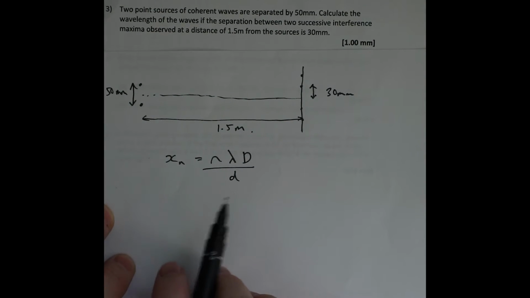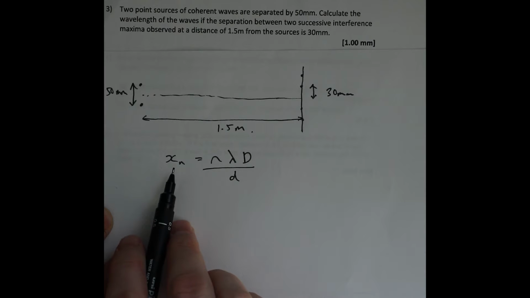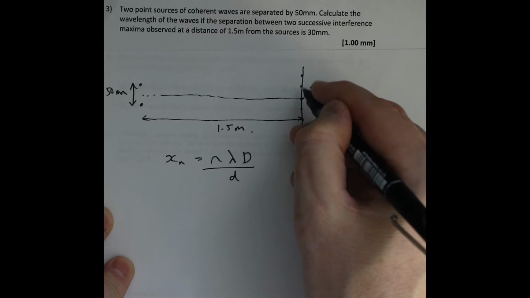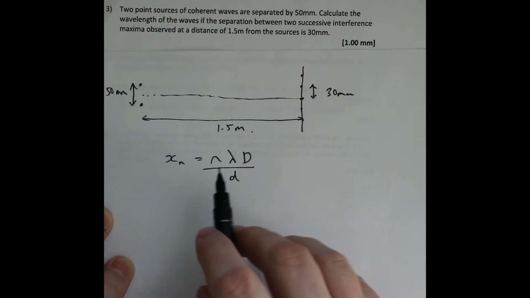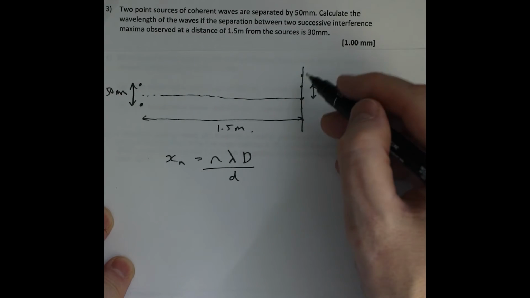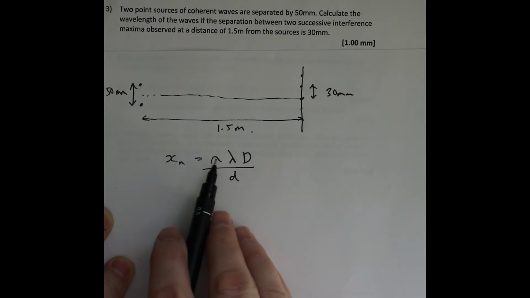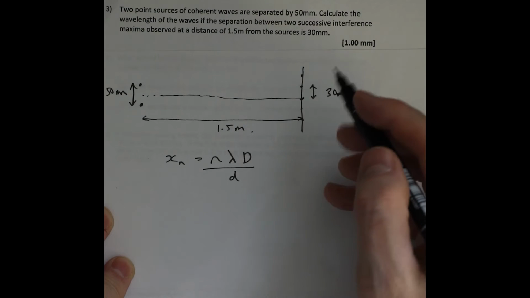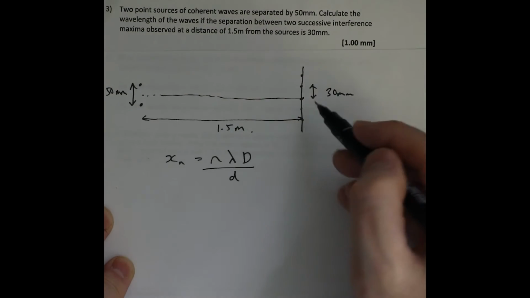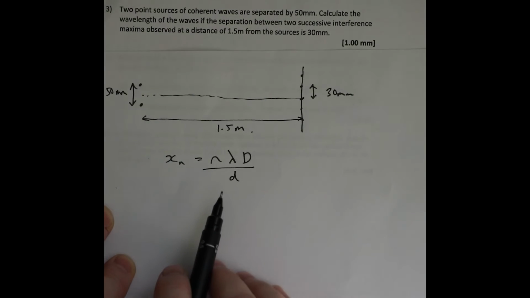Okay, so this x_n is the distance from the central fringe here to the nth order fringe, basically. So it will tell me the distance between this fringe and this fringe if I change this value of n from 1 to 2. So basically, each of these distances is always the same. By summing these together, we change this value of n, which is how the equation works.